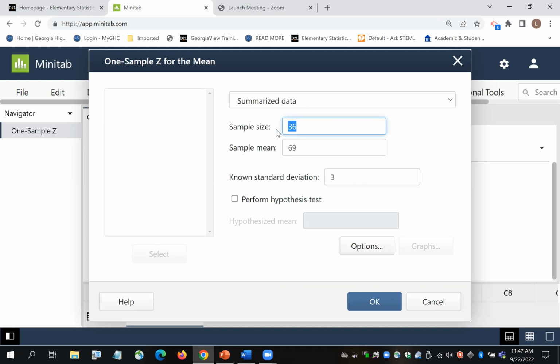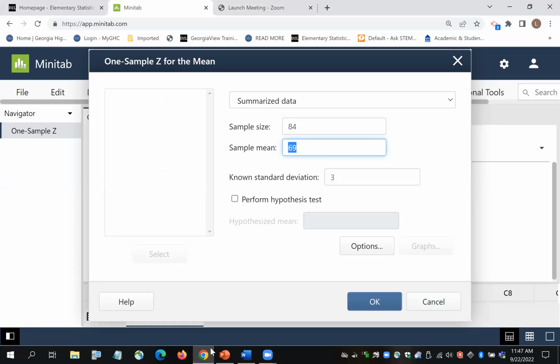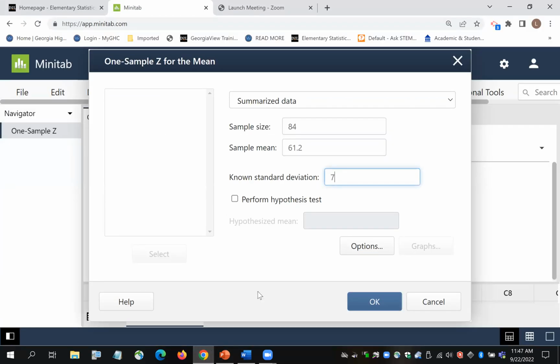My sample size was 84. My sample mean was 61.2. The known standard deviation was 7.9.